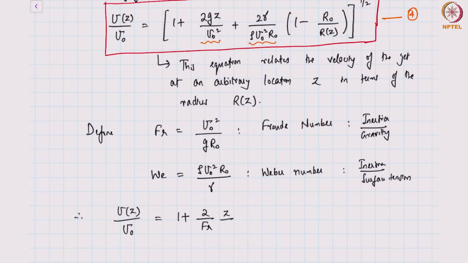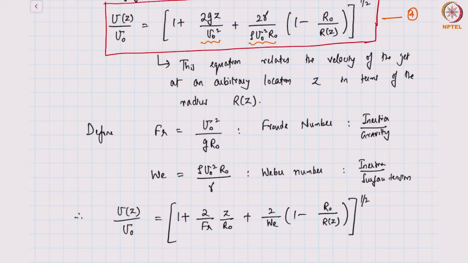I get z by r naught. The other number is 2 by Weber number times 1 minus r naught by r of z, whole power half.